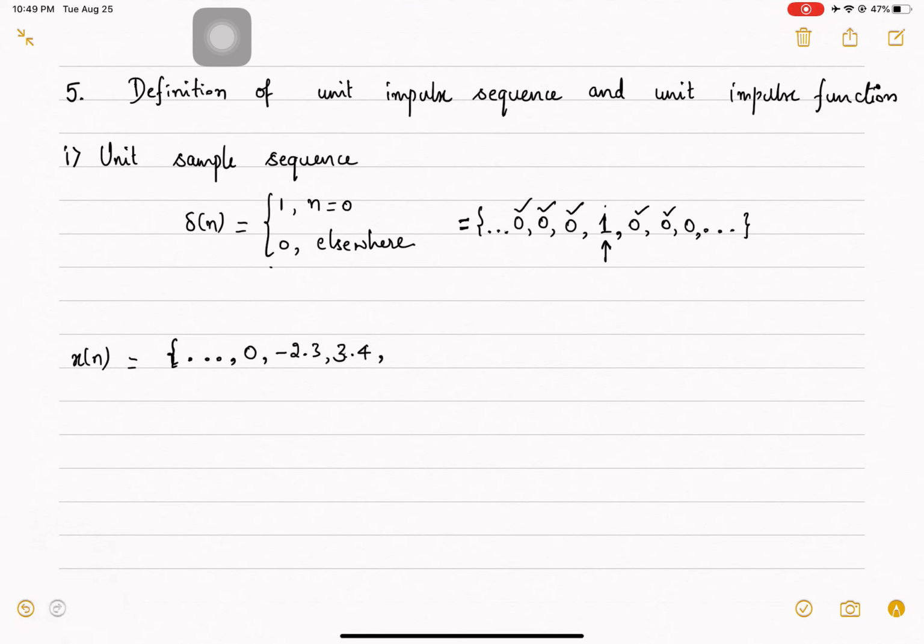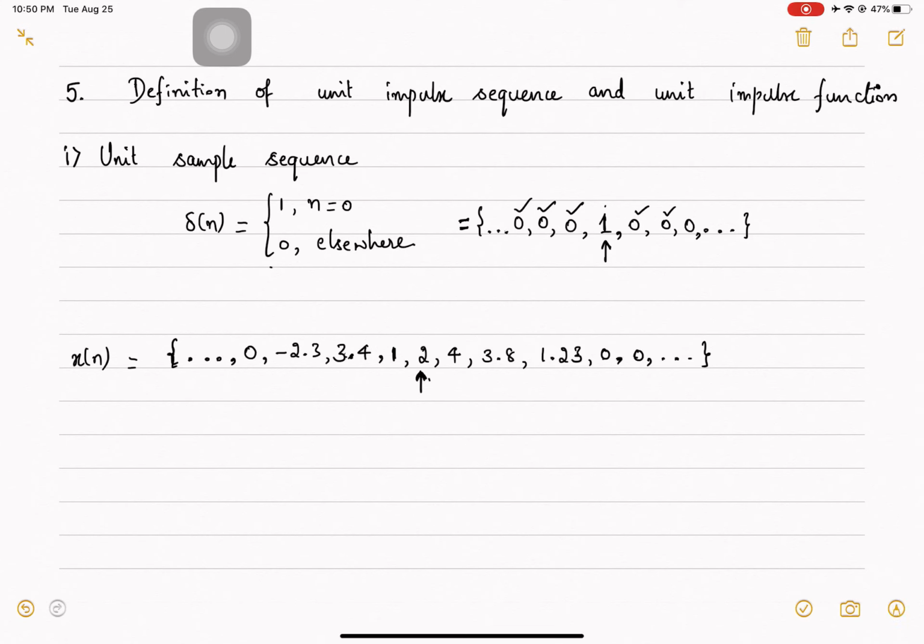I'm just writing some random values, and let me take this value as n equal to 0. So this is the value of the function.